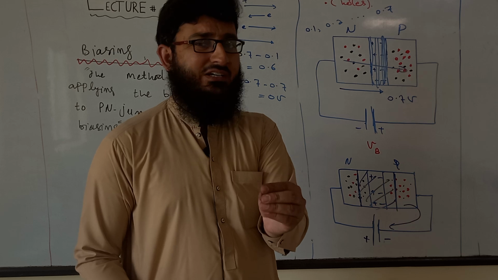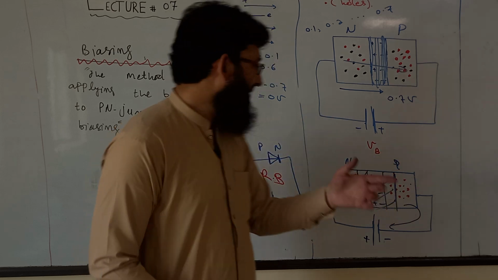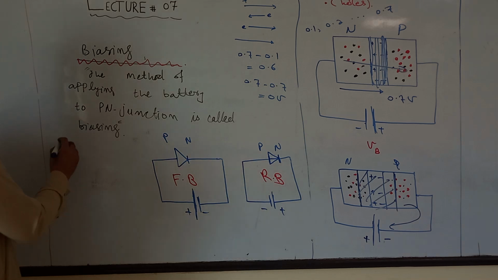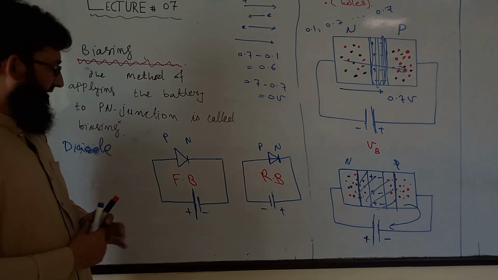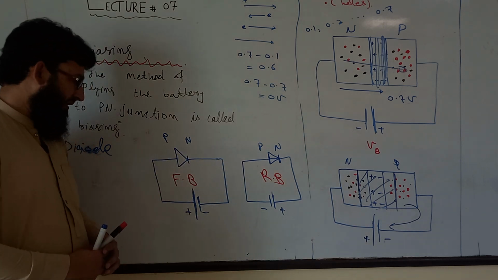Due to this ability of allowing the current to flow in a single direction, this p-n junction is called what? A diode. The second name of this p-n junction is what? Diode. Diode's definition is a device which allows current through a single direction.